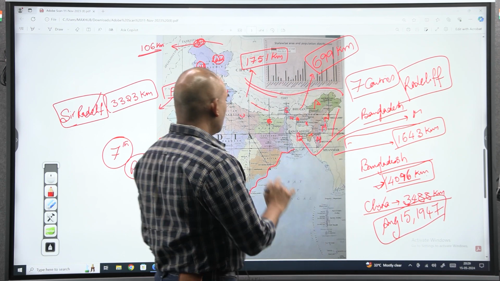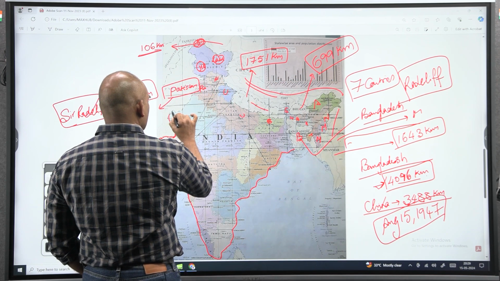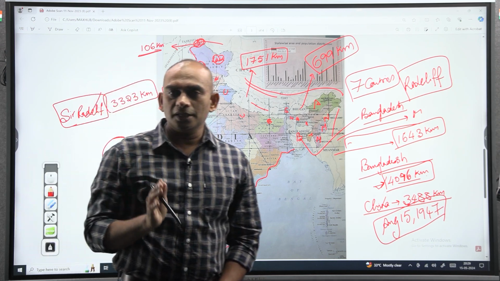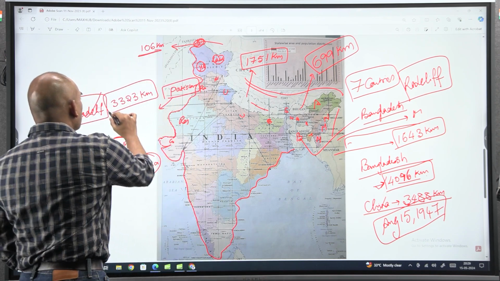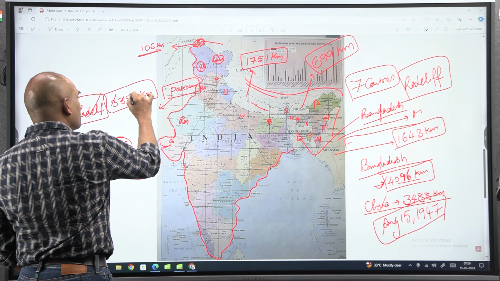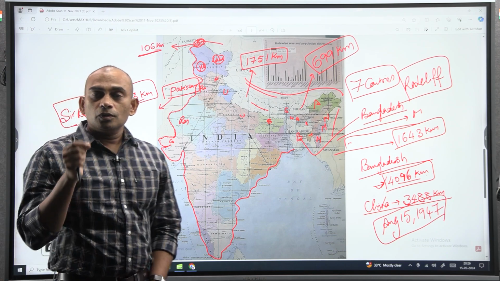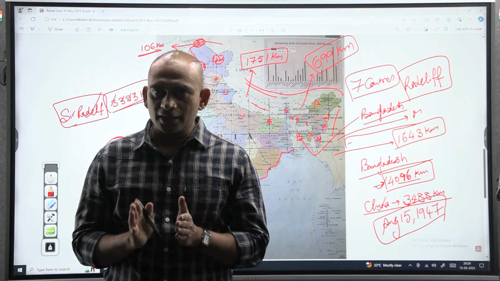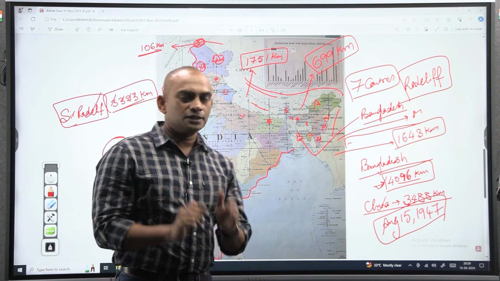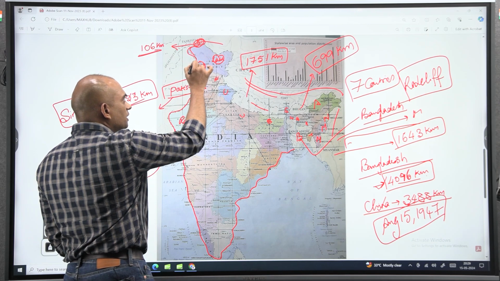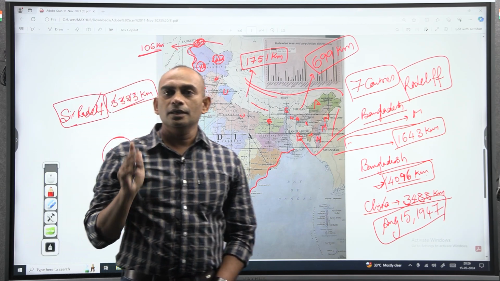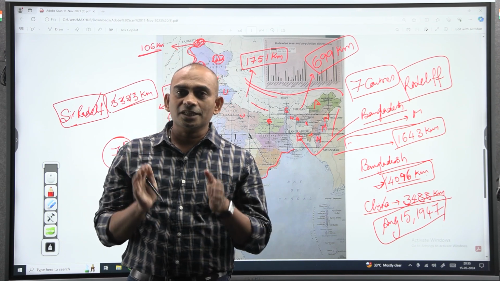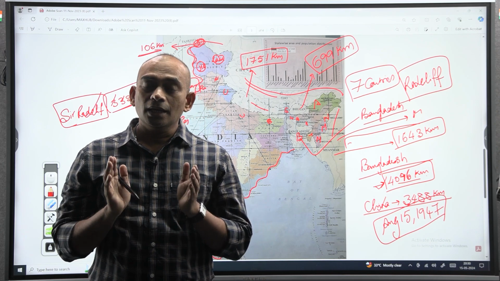And next, if you look at the western part of India, we are sharing almost 3,323 kilometers. Here also we call this boundary the Radcliffe boundary, but in the Jammu and Kashmir Union Territory and Ladakh Union Territory, that particular sector boundary is known as the line of control.